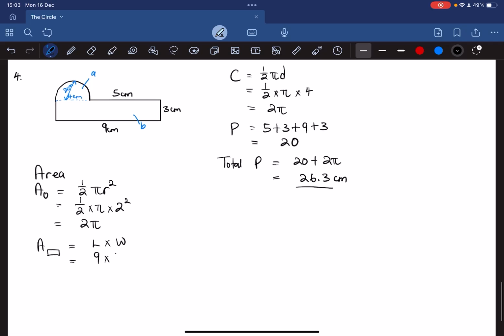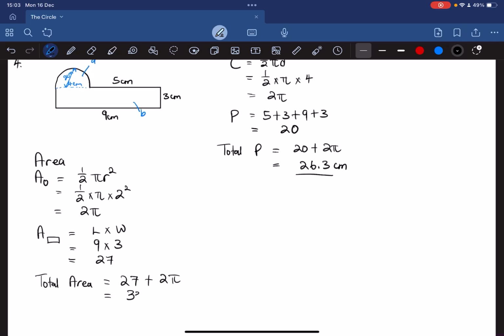So that's 9 times 3, and I get 27. Now the total area is going to be 27 plus 2 pi, and from this we get 33.3 square centimeters.